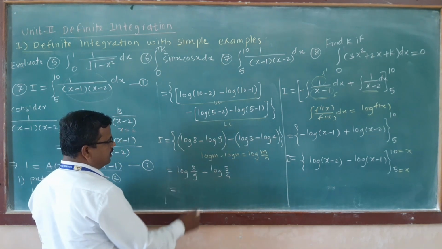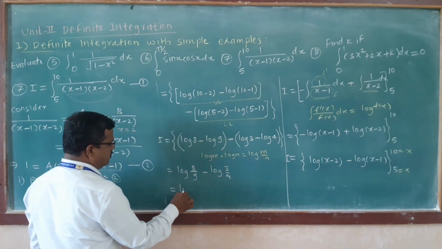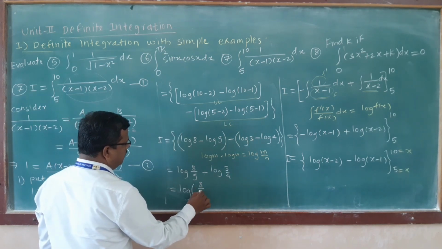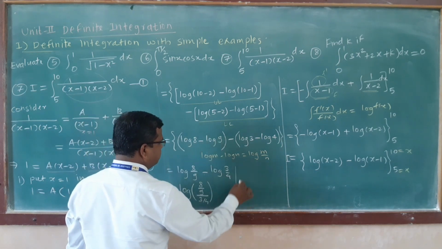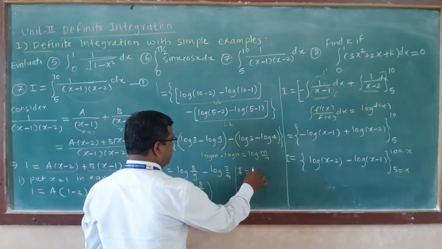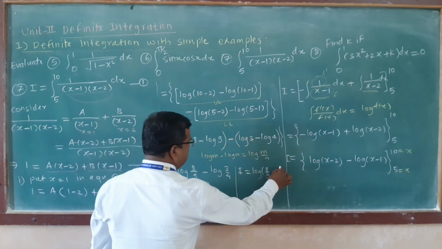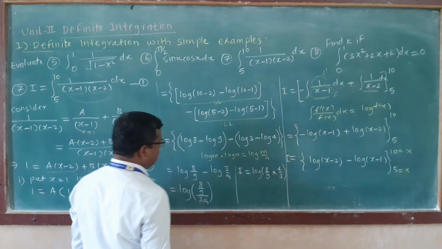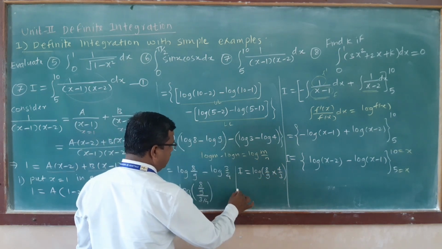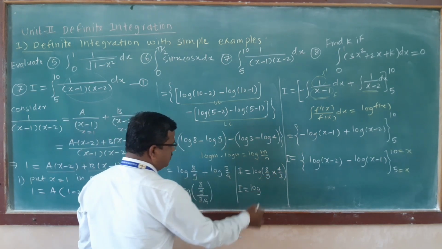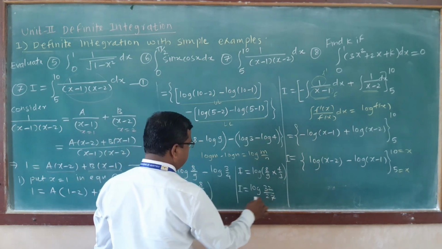Again use same formula log m minus log n, which is log of m upon n, which is log of 8 upon 9 divided by 3 upon 4, which is equal to log of 8 upon 9 into 4 upon 3. 8 upon 9 divided by 3 upon 4 is multiplied by 4 upon 3, and finally we get log of 32 upon 9 into 3, that is 27.